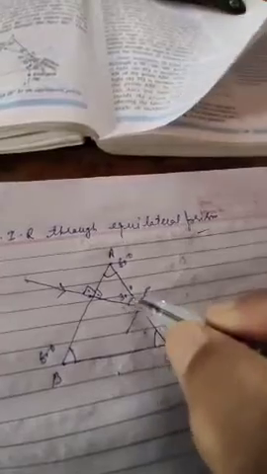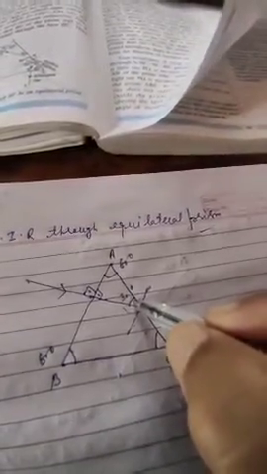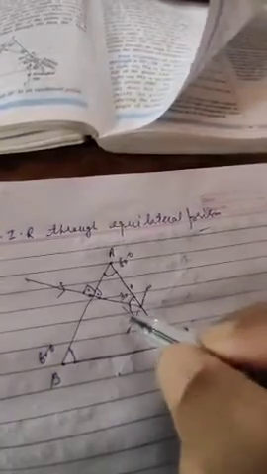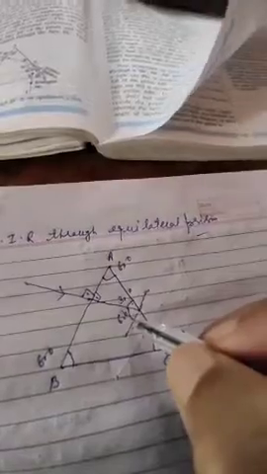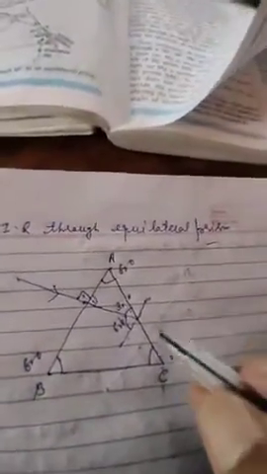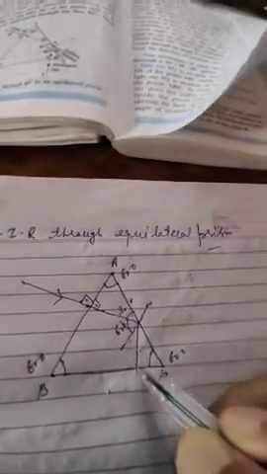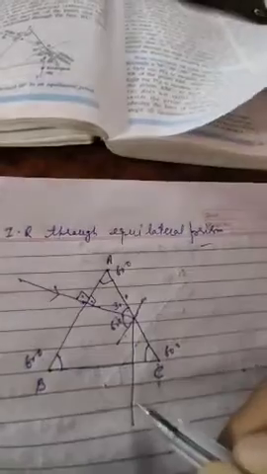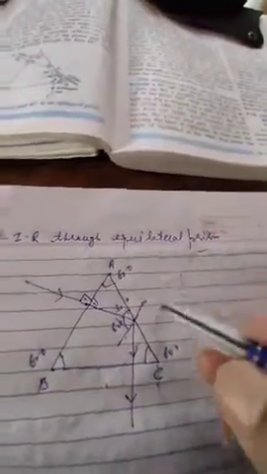It means if this angle is 30 degrees, this angle will be 60 degree, which is more than 42. And if it is more than 42, it means total internal reflection will take place. It will emerge out. Clear?